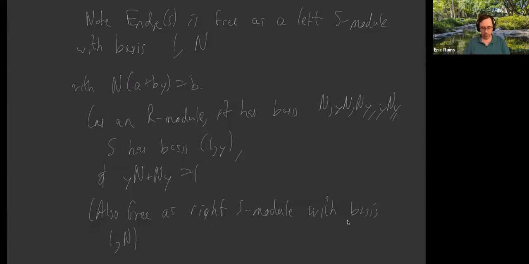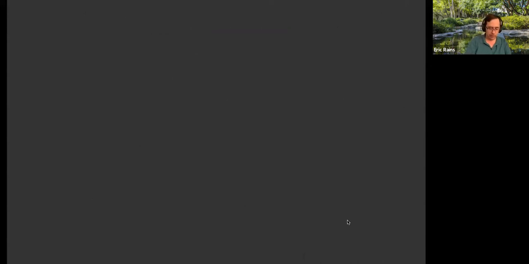So in general, as a bimodule, this is only a filtration. But a very useful filtration for actually proving things later. Okay, so this is a very simple algebra, but the point is n has this description.